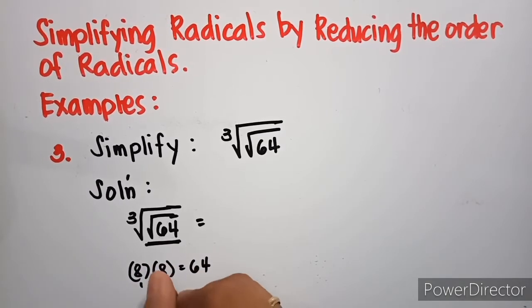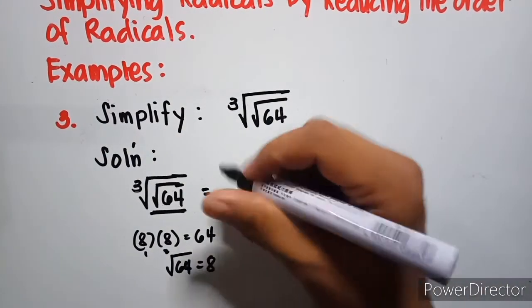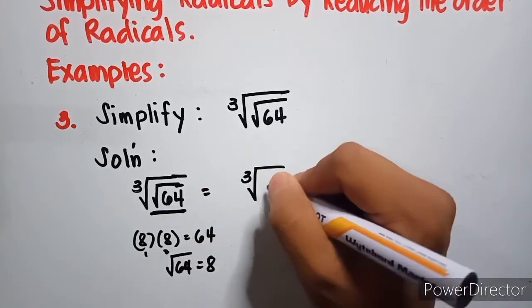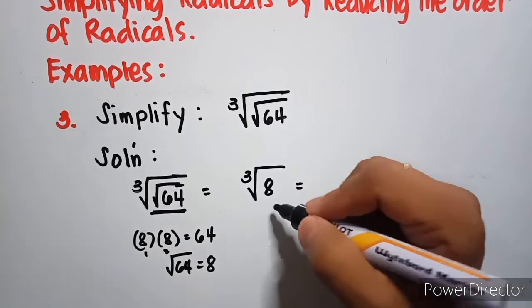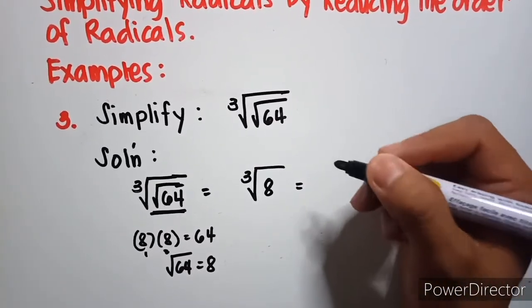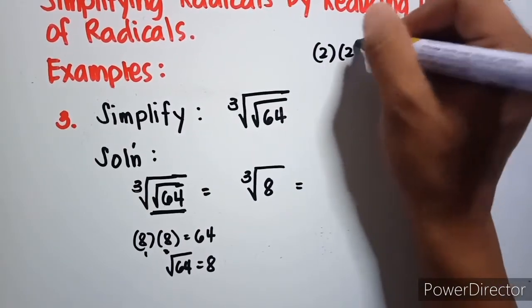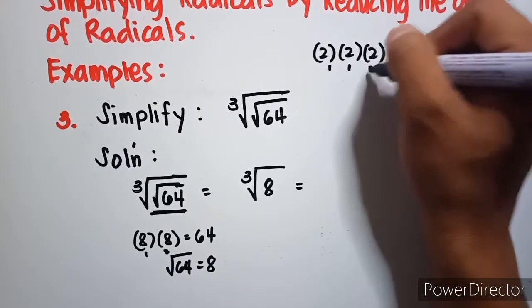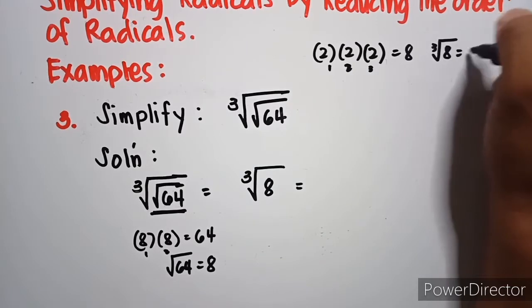So, kaya siya nag-equal sa cube root of 8. Then, ano naman ang cube root ng 8? So, that is 2. Kasi 2 times 2 times 2 equals 8.